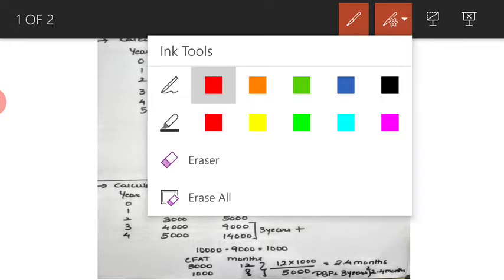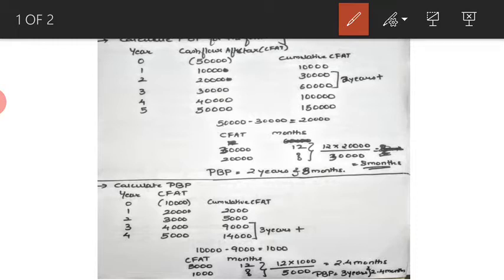Now you have to just pay attention. First of all, what is the initial investment? It is 50,000. Now, can you find 50,000 in this cumulative cash flows? No, it is not available. So when the initial investment is not available in this cumulative cash flows, that means your answer would not be a whole number.